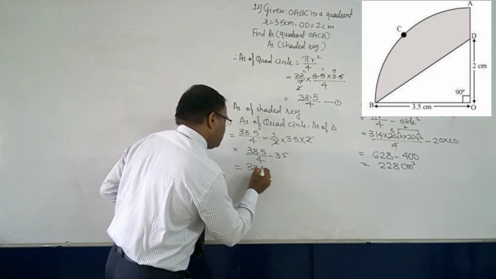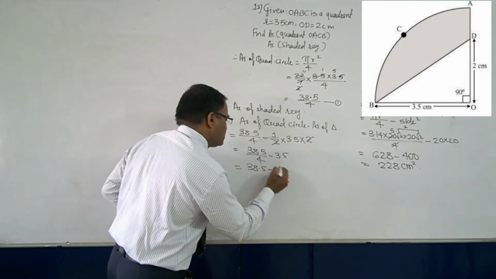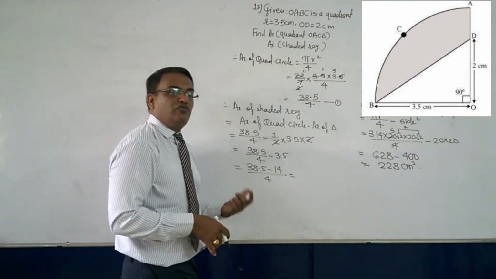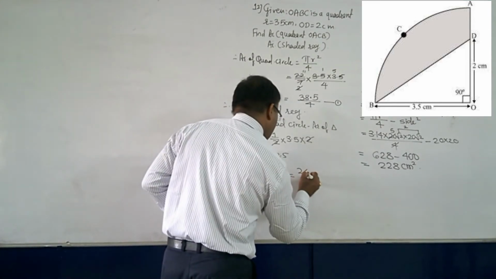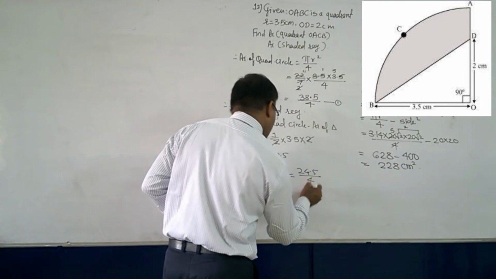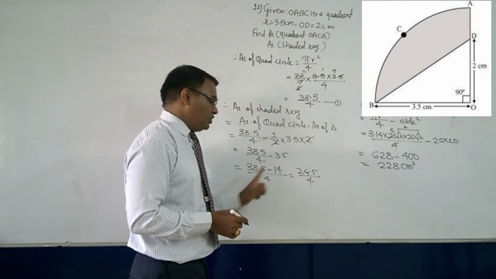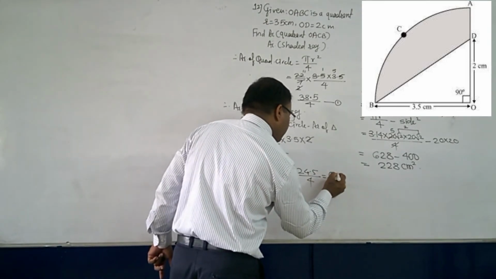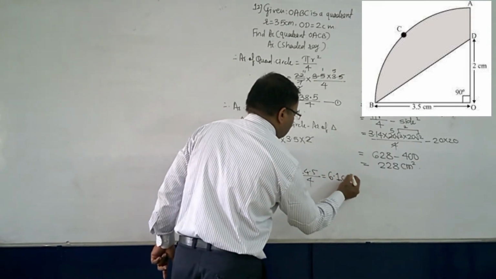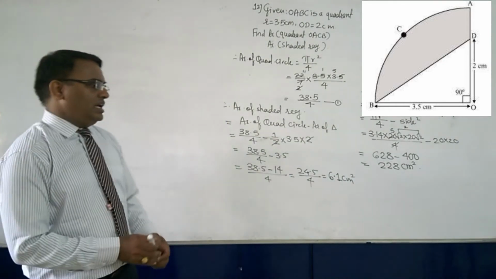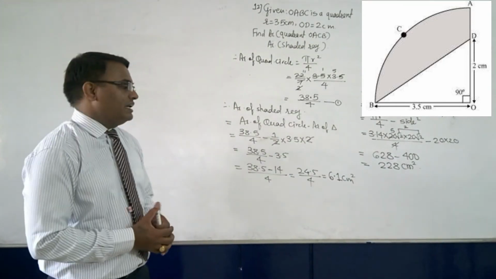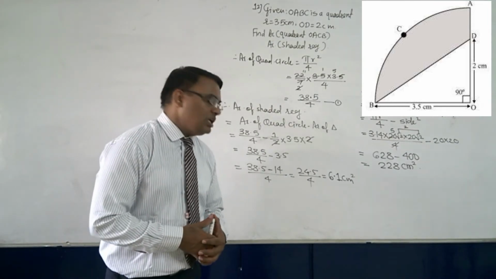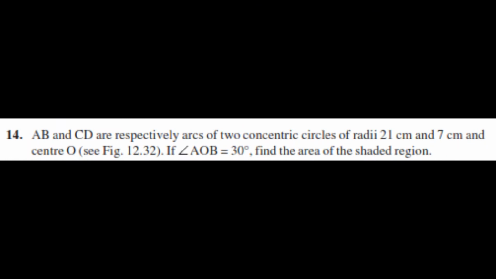This is nothing but 38.5 minus 14 upon 4. Okay, so 38.5 minus 14 is 24.5 upon 4. Right? So the area is about 6.1 centimeter square, or you can keep it as 24.5 upon 4 centimeter square.